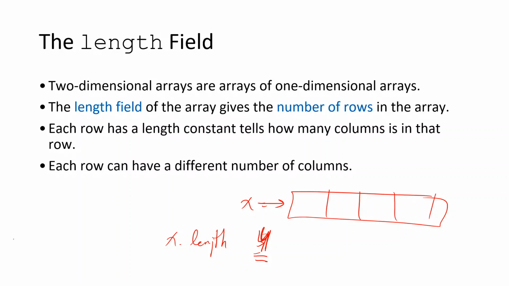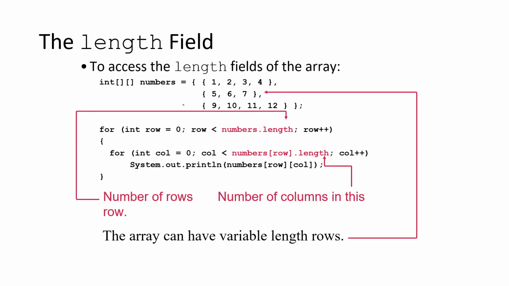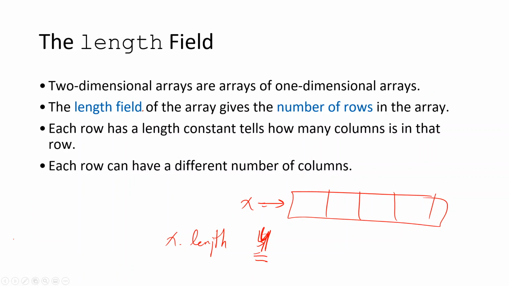What would it return? Now, since we are thinking of a two-dimensional array as an array of arrays, when you use the two-dimensional array dot length, the length field is going to return the number of rows.